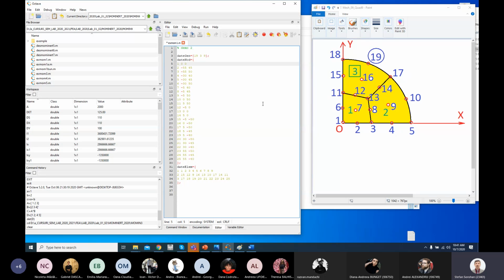So I will put some numbers. If my numbers are correct, I will see in the picture. So node 2, I will suppose that on x is 2 and on y it's 0. That's exact. Node 3 on x is, let's say, 4 and 0. Node 4, I will suppose it is at 7 and this is 0.